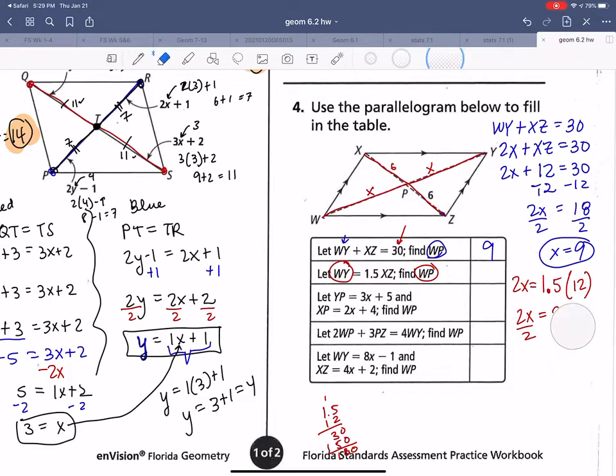Hold on. I did get that wrong. 12 plus 6 is 18. Yeah, that'd be 18. And then I want to divide by 2. Oh, that's where I'm getting 9. All right, so I got 9 again. That's kind of cool.